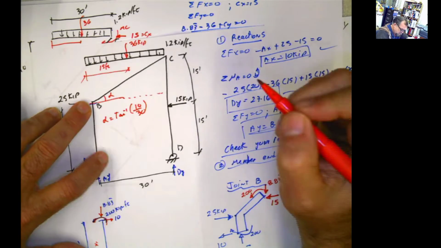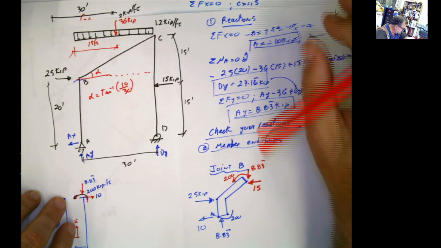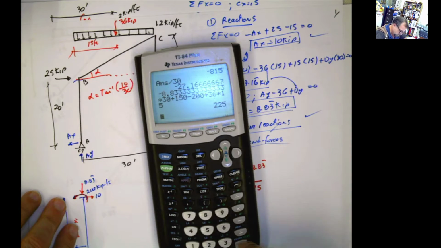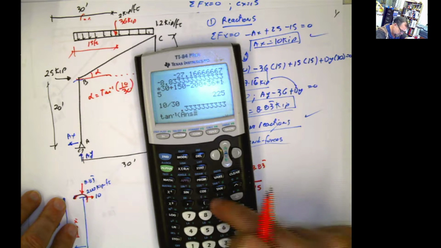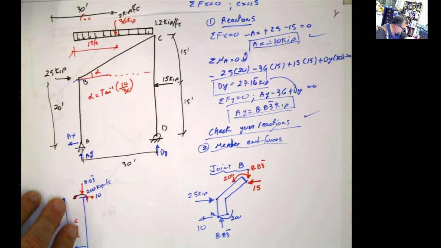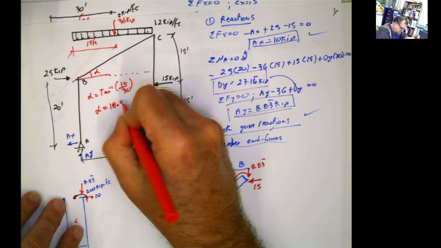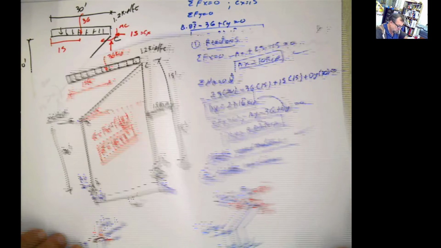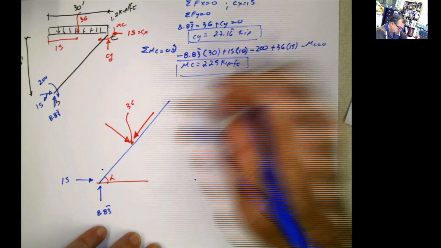So alpha is 18.43 degrees. You can use triangular ratios if you want to. I'm more of an angle guy in this type of problems.